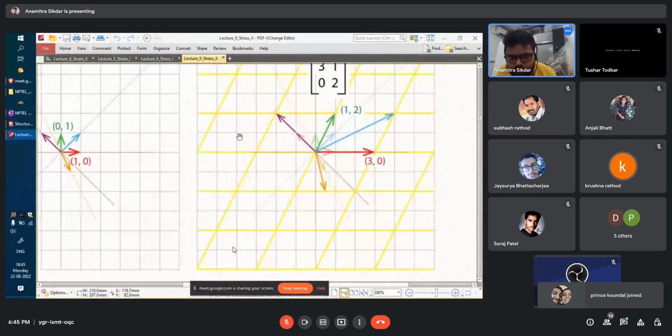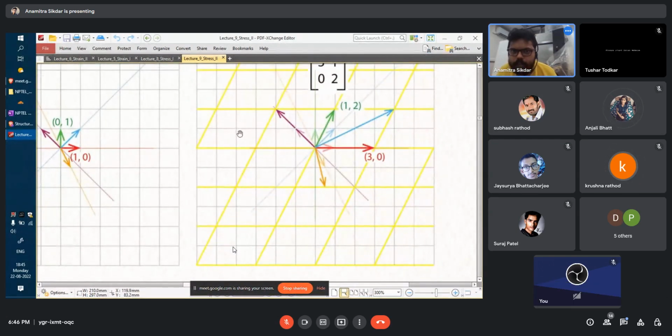Are you clear? Yes, sir. Now we have some kind of deformation event. Suppose I deform this body in some way, right? So these yellow lines will be the new configuration. This line will be rotated and will fall on this line, but this line will be stretched and it will become these yellow lines. Are we clear? Yes, sir.